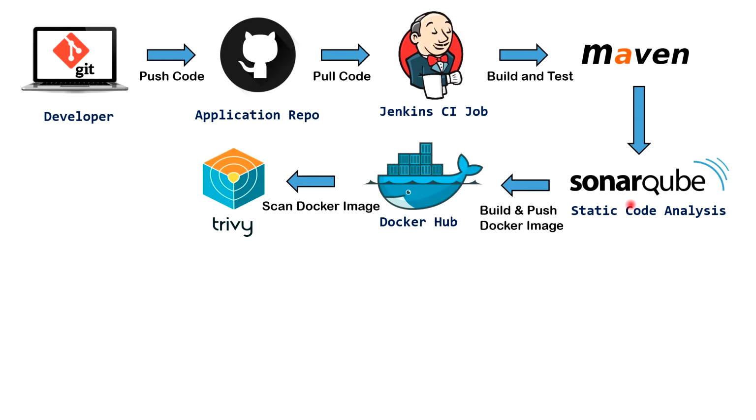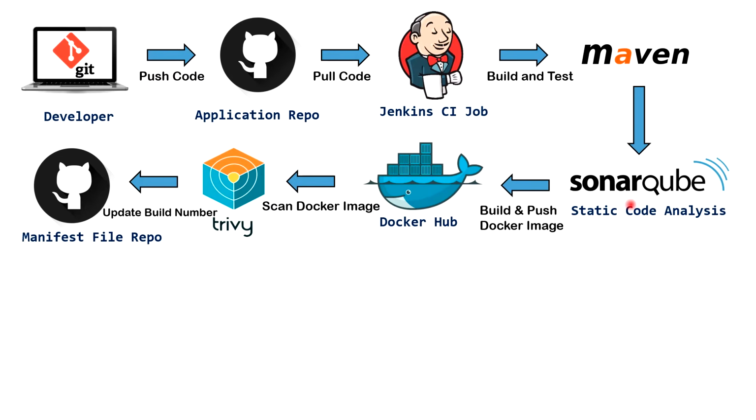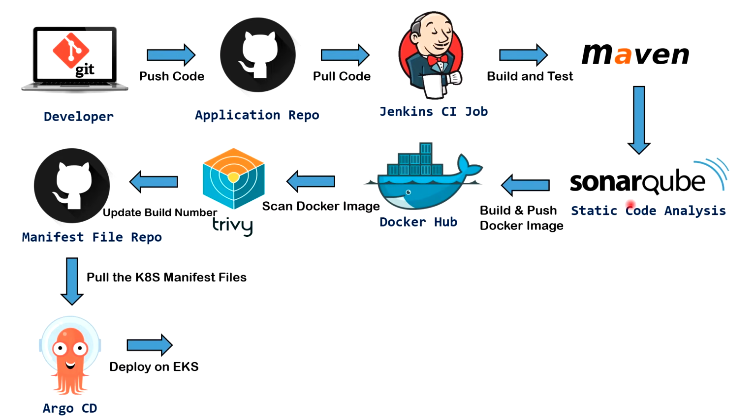Our CD job will first update the build number or the release number in the deployment YAML file on the GitOps repository on GitHub. And then Argo CD will pull the updated manifest file from the GitHub repository and deploy the resources on the EKS cluster.